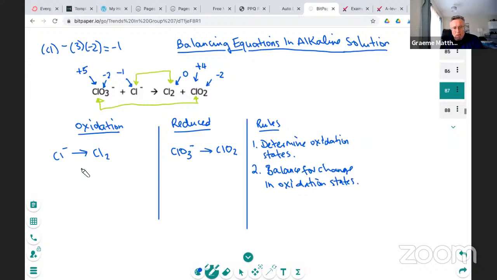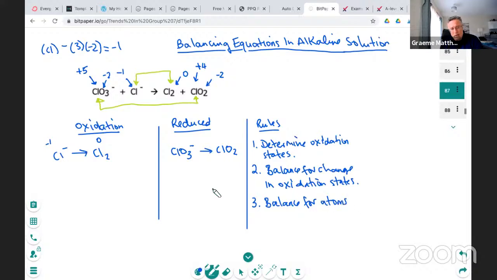So this is -1, and this is 0. Step 3, you've got to balance for atoms as well, so I've got to be a little bit careful here.